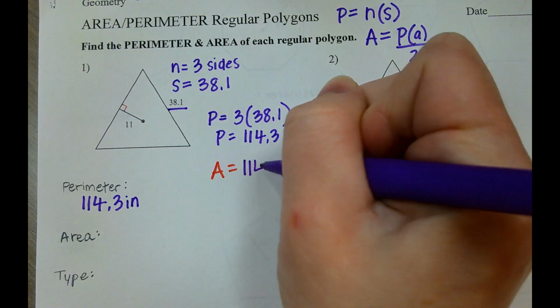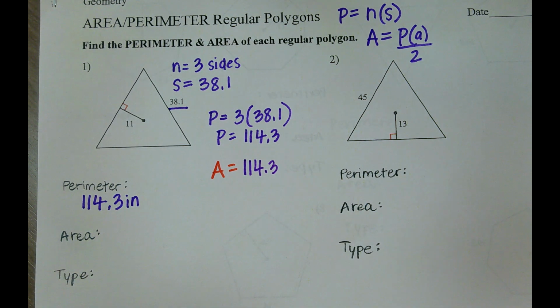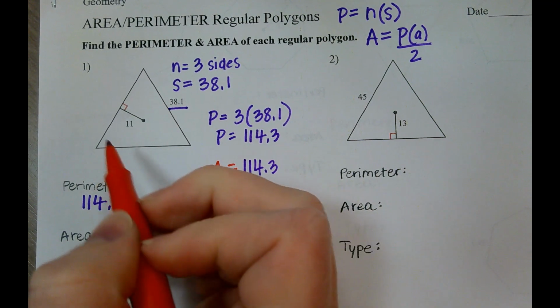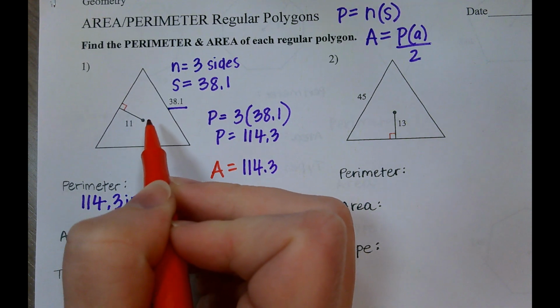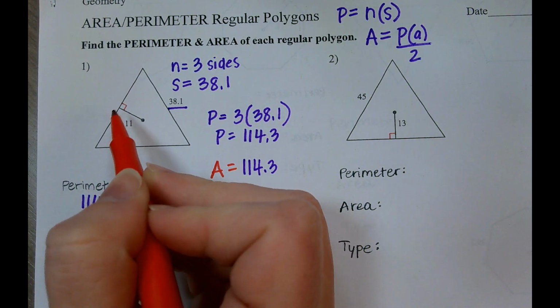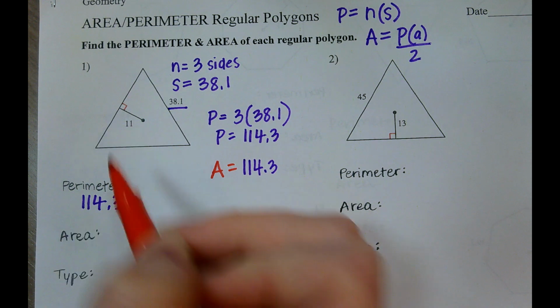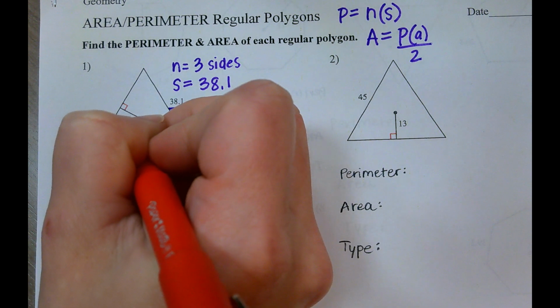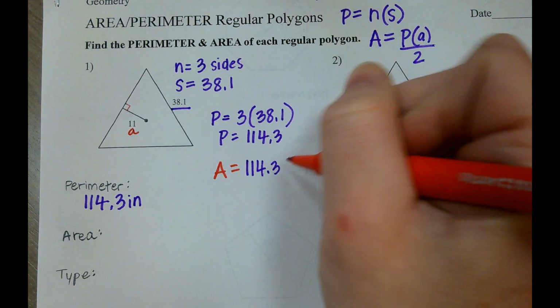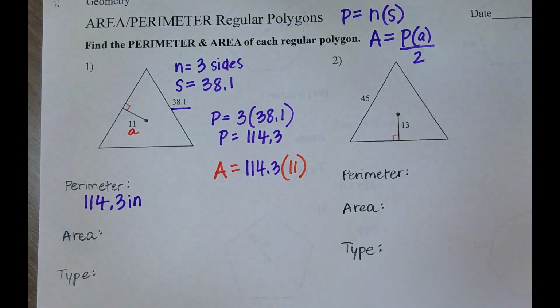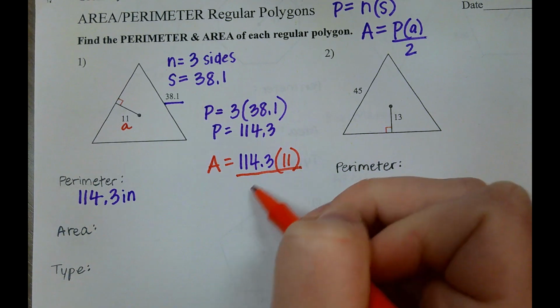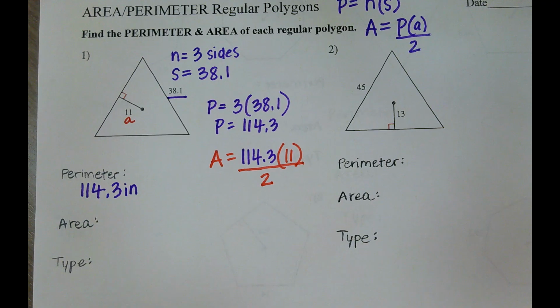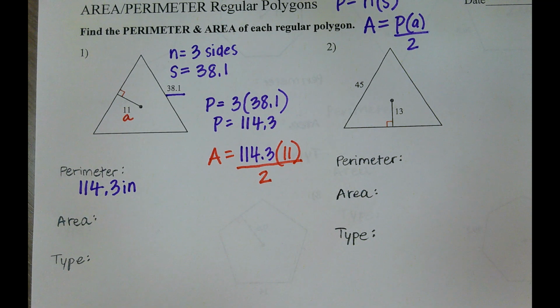Now the apothem, that word, is always going to be the length from the center of the shape going at a 90-degree angle to one of the sides. So it'd be times 11. So I'm going to write A right here. That's my apothem. So times 11. And the rest of the formula is just divide by 2. And you can type this in your calculator all at once.